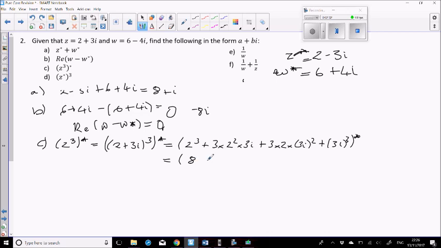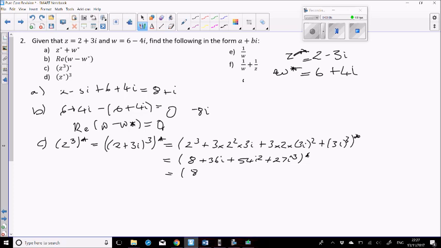So that's going to be 8, plus 3 times 4 times 3i, which is 36i, plus 3 times 3 squared times 2, so 54i squared, plus 3 cubed times i cubed.